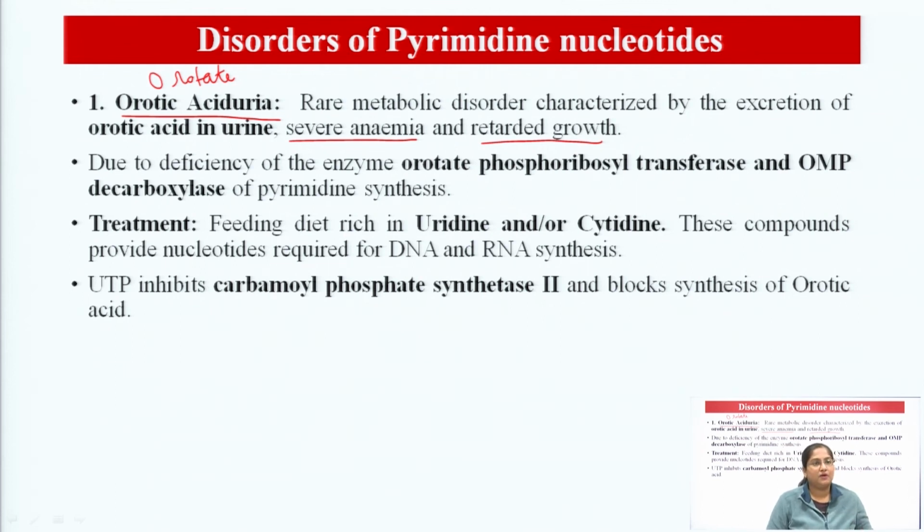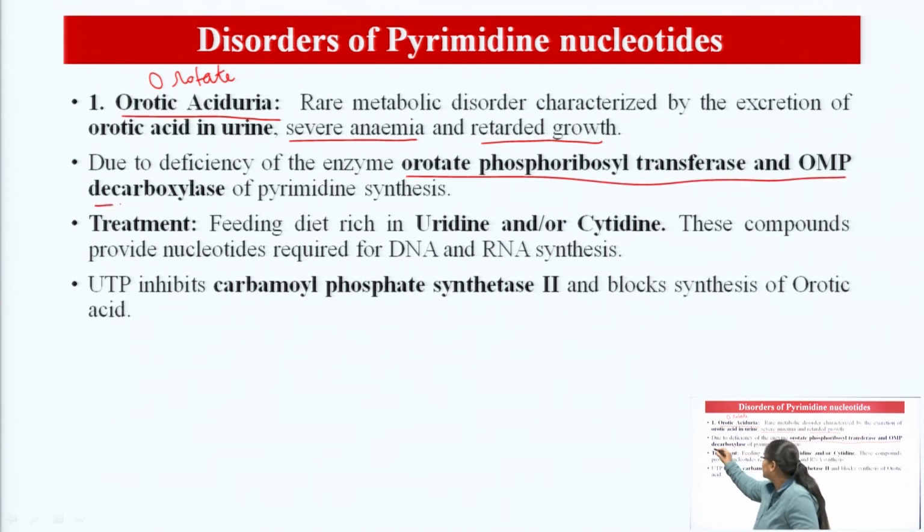It happens because there is a deficiency of the enzymes orotate phosphoribosyl transferase and OMP decarboxylase of pyrimidine synthesis. If there is no more deficiency of these 2 enzymes, then this disease can be cured. How can we treat it?